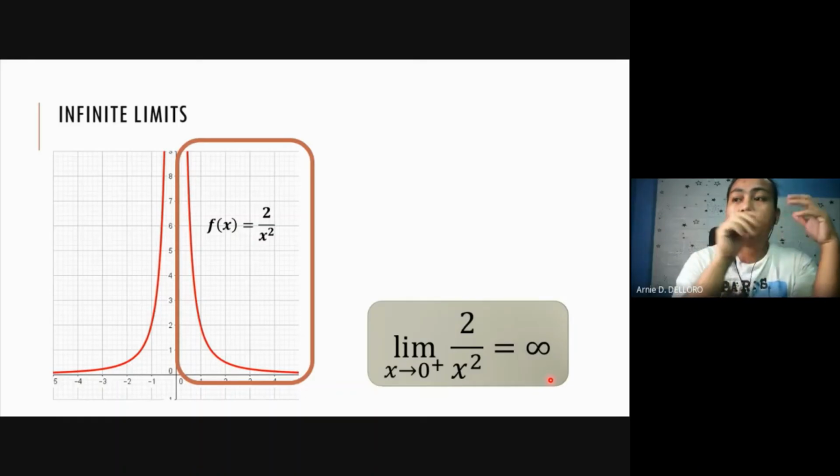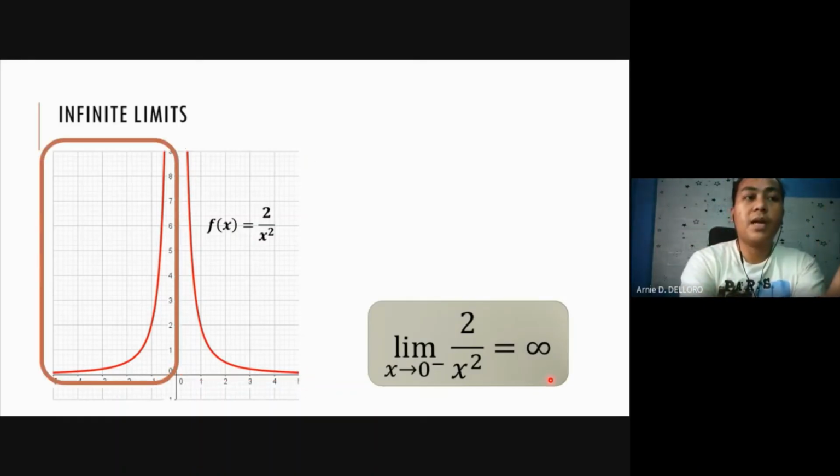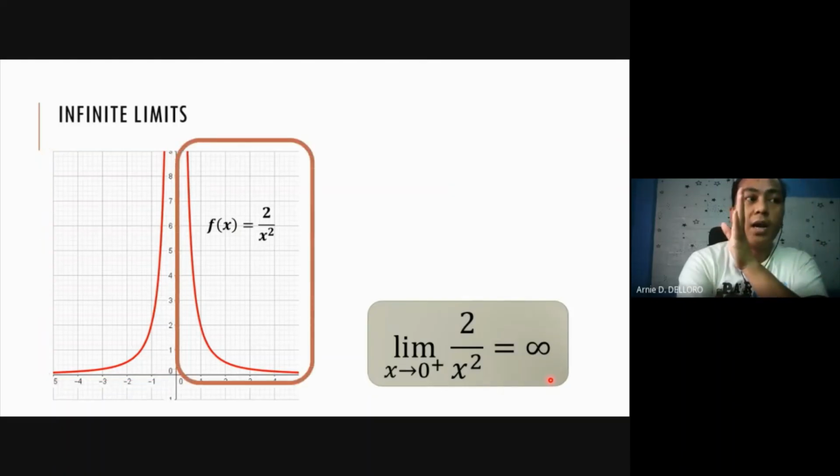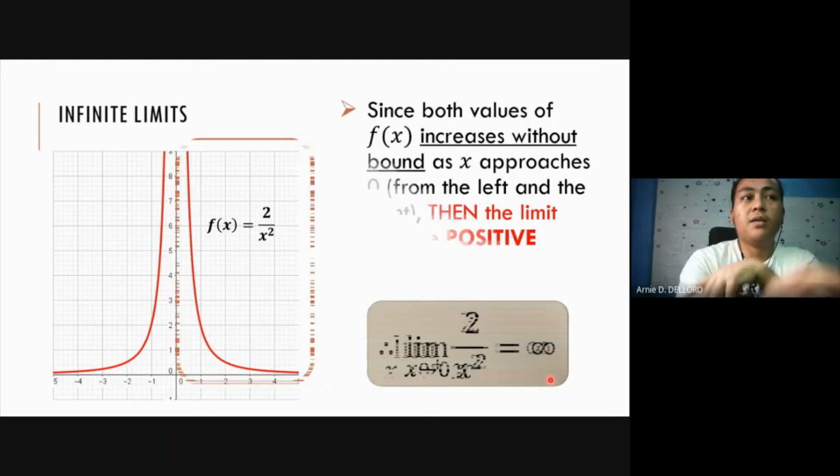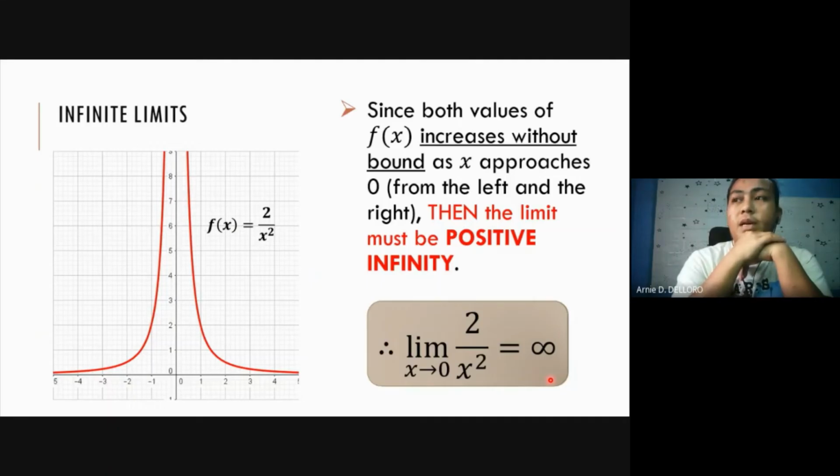So in this case, since both the function from left is positive infinity, yung nasa right, positive infinity din since equal yung dalawang limit on both sides of 0, yung from the left and from the right, ibig sabihin, okay, the answer is positive infinity.